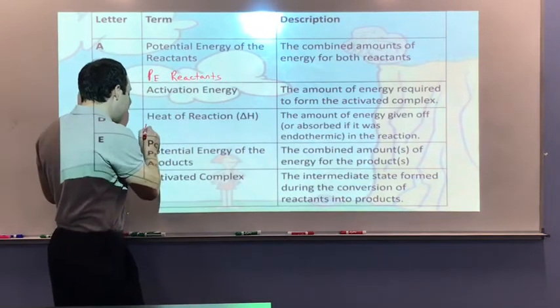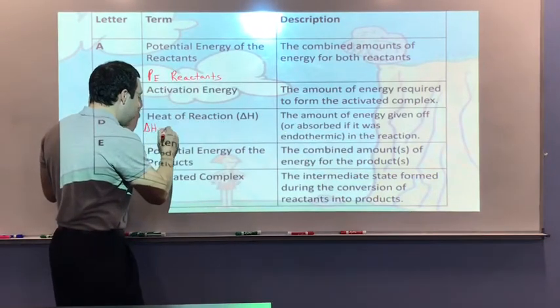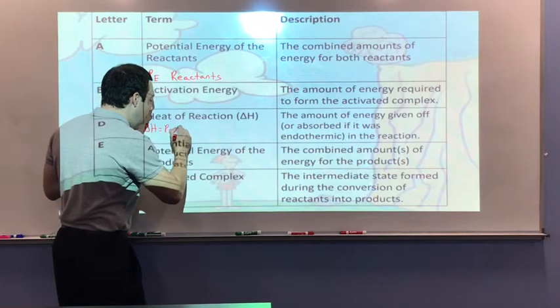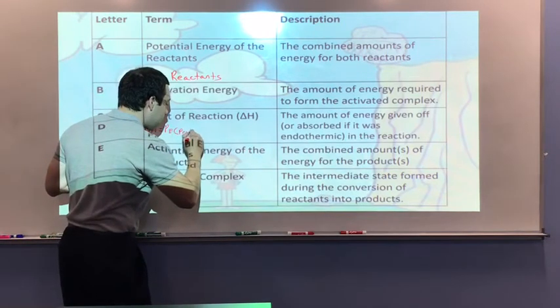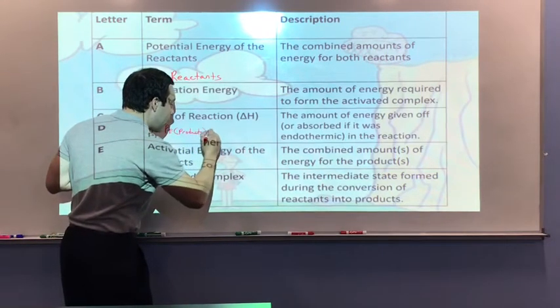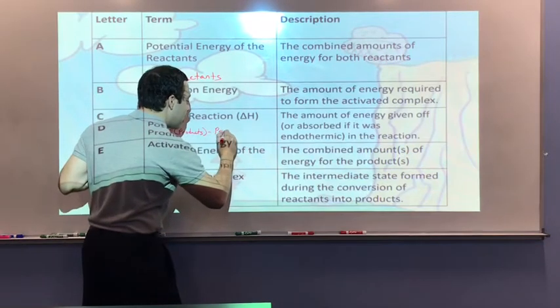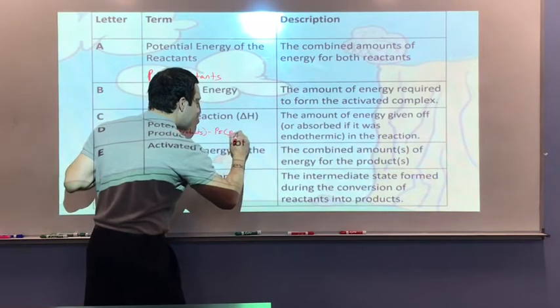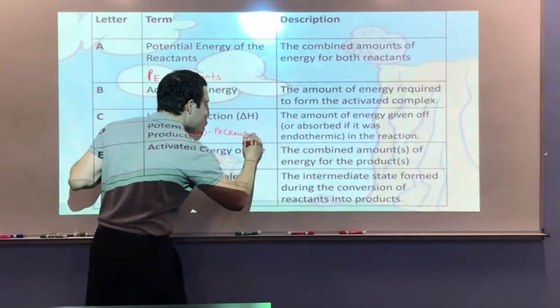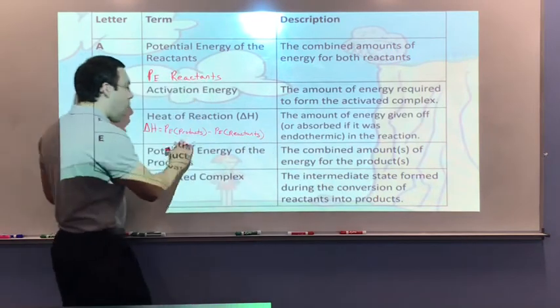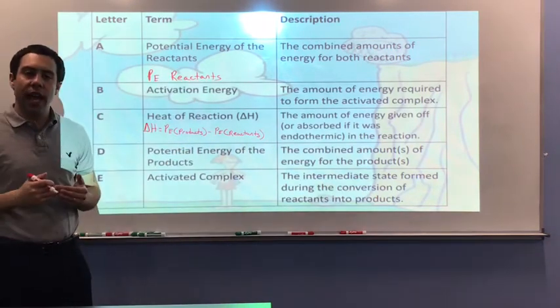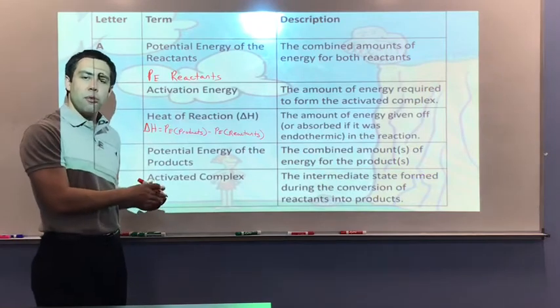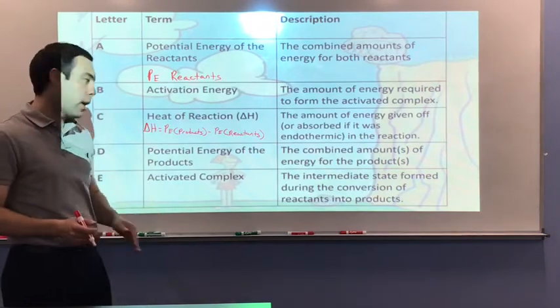Remember, your formula is delta H equals potential energy of products minus potential energy of reactants. Products minus reactants, that will give you your delta H value. If it's positive, it is endothermic. If it is negative, it is exothermic.